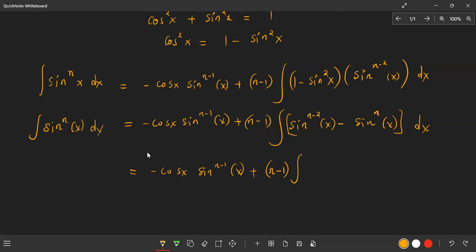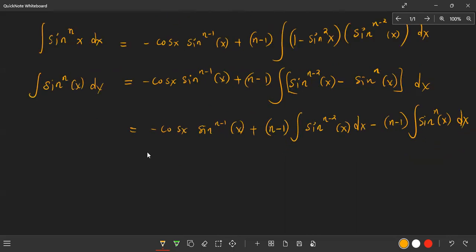The first part is going to have sine n minus 2 x dx. The second part is minus n minus 1 times the integral of sine n x dx. So just distribute this integral here. Remember that the integral is linear, so I can distribute it.